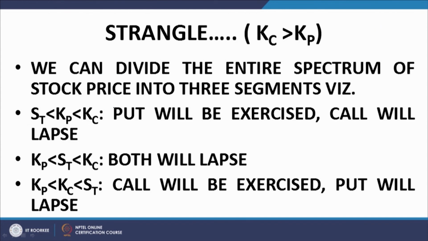Now, in this situation, Kc is greater than Kp, what happens? We can split up the entire spectrum of stock prices into three segments. Number one, St less than Kp: the put will be in the money, the put will be exercised, and the call will lapse. Kp less than St less than Kc: both will lapse. And Kc less than St: the call will be exercised, the put will lapse.